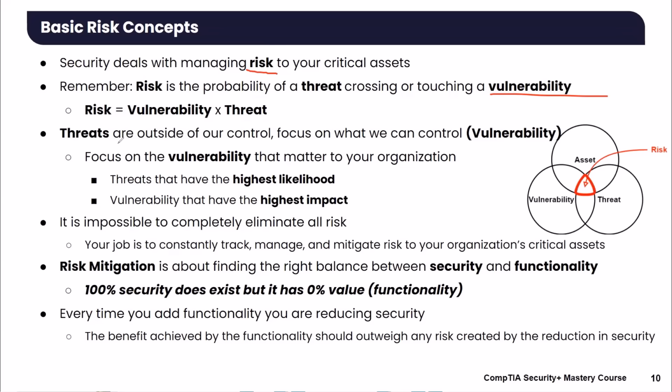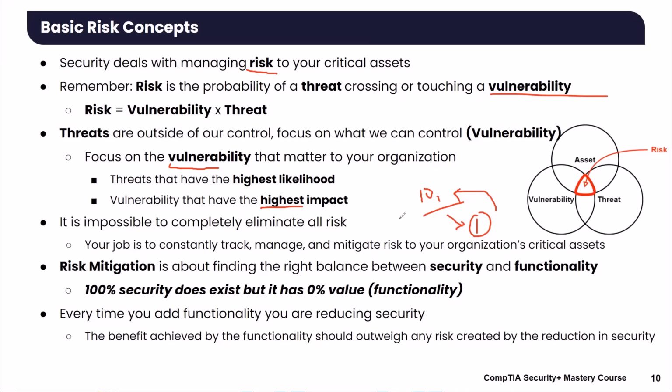When we're trying to manage and mitigate these vulnerabilities, we need to focus on the vulnerabilities that matter to our organization, the ones with the highest impact. If there's a weakness that's going to cause us a loss of $10 million, and another vulnerability that's going to cause us $1 million, guess which one we're going to focus on first? This one right here. Take care of that first.